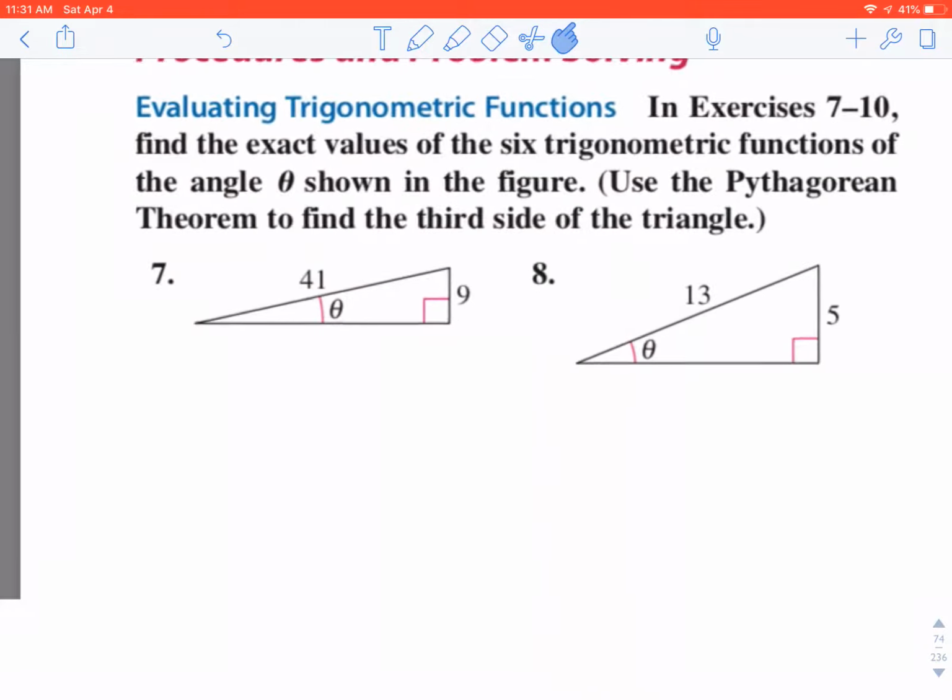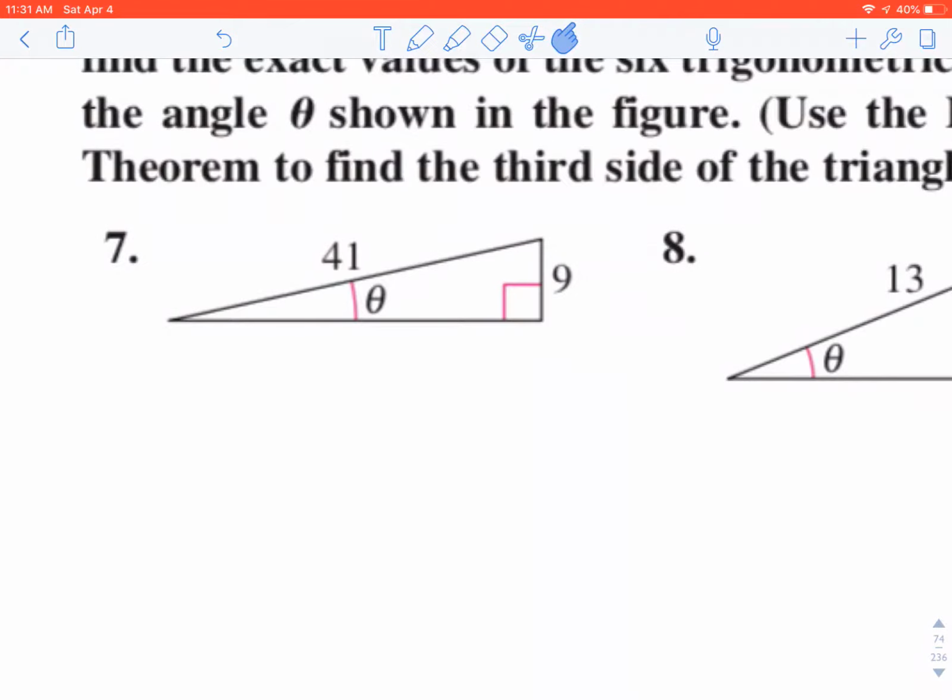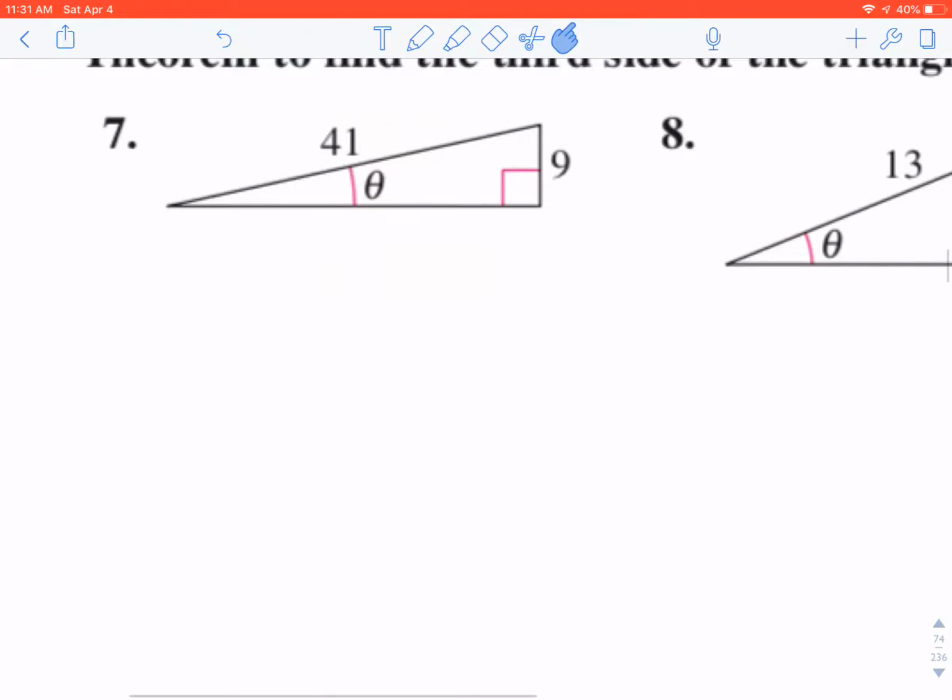We'll start there. The first thing that we want to do is use Pythagorean theorem to find the missing side. This is our step 1. You have the hypotenuse, which is 41.